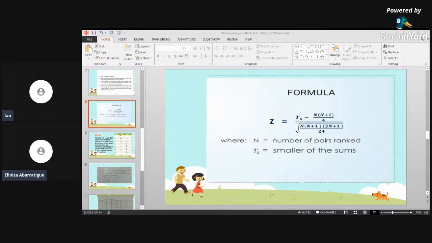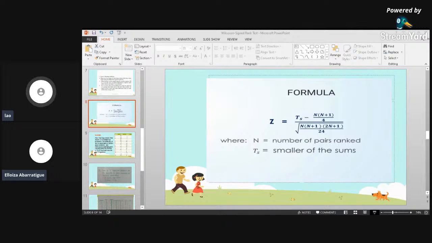Then, over the square root of N multiplied by the sum of N plus 1, and then we're going to multiply 2N plus 1. Kasi multiply lang natin siya, tapos i-divide natin siya sa 24, kung saan i-square root natin siya bago natin i-divide dun sa numerator na given. So, where N is equal to number of pairs, rank, TS is the smaller of the sum.